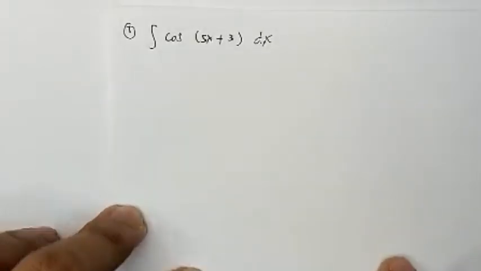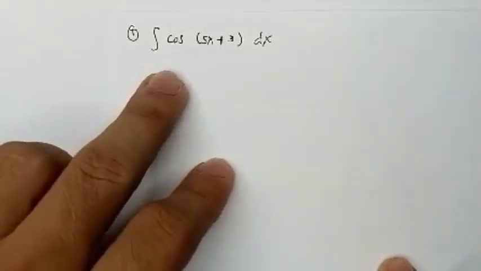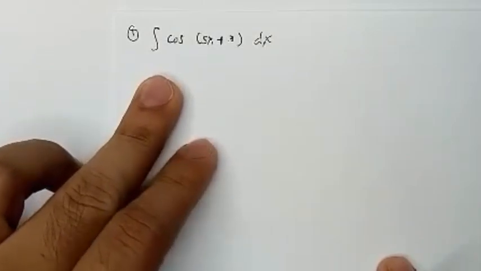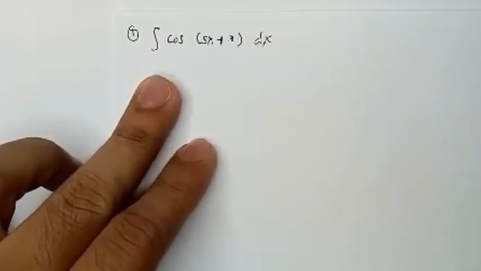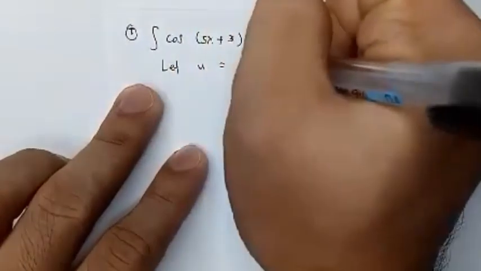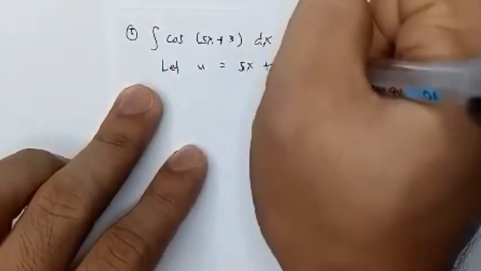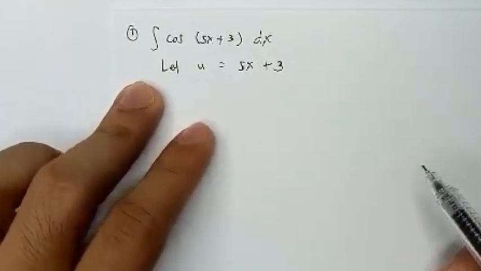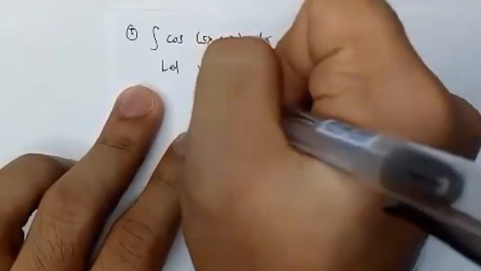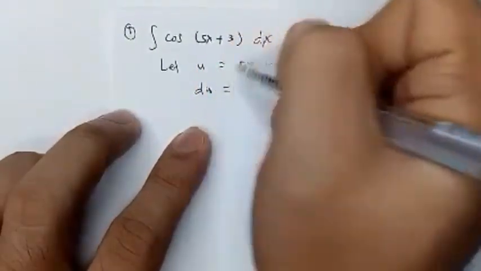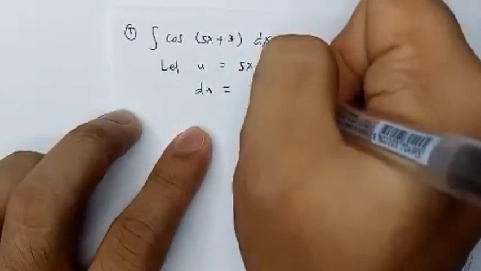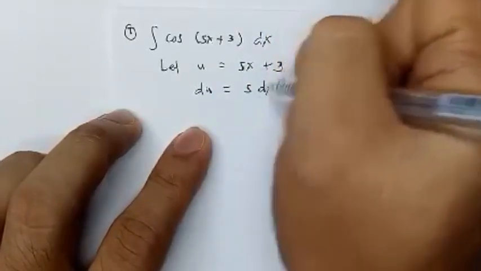Here is the indefinite integral of cosine 5x plus 3 dx. So again, our first step is we let u be 5x plus 3. After letting u, we get its derivative. So we have du equals 5 dx.